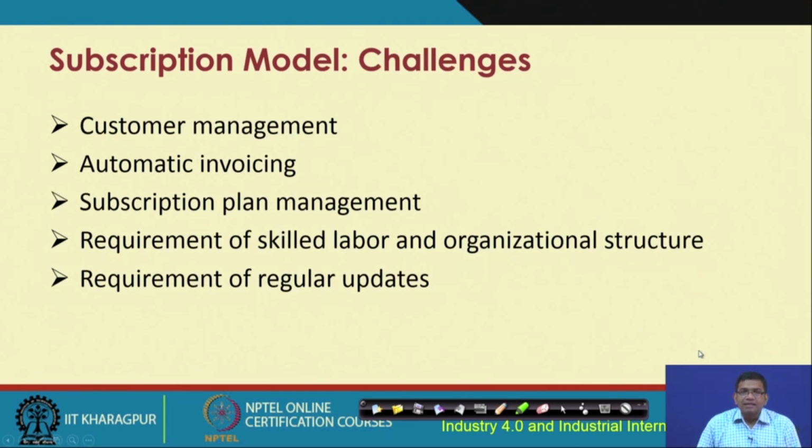So, there are different challenges as well. Advantages we have understood, but there are different challenges behind the use of the subscription model.